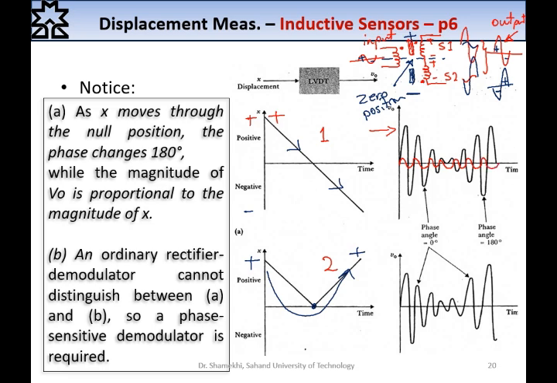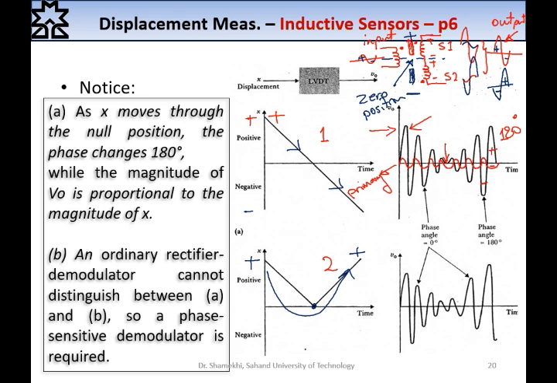As you can see, the phase angle of the primary coil and the output voltage is equal up to here, and after this point the phase angle will be changed. The phase angle here is 180 degrees. As you can see here, positive, but here is negative.